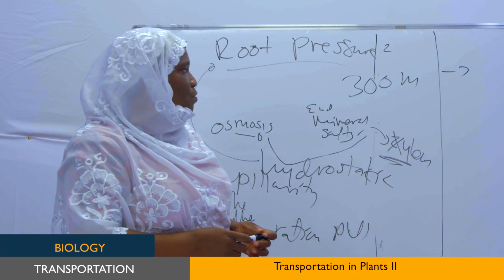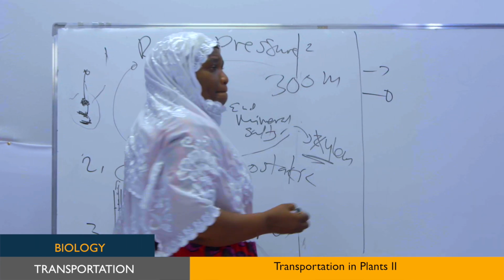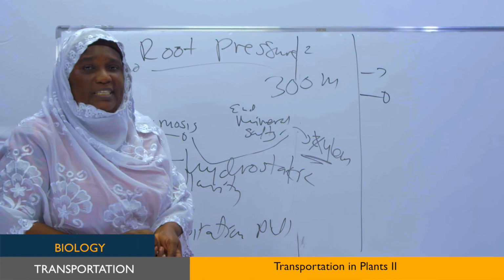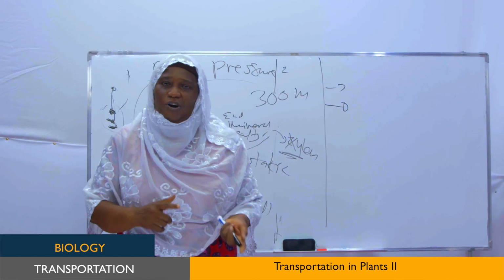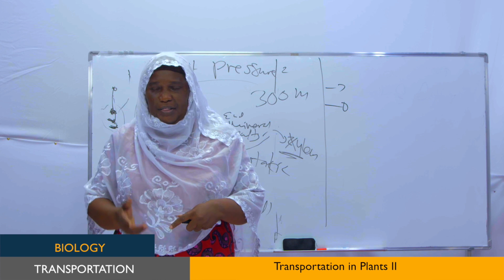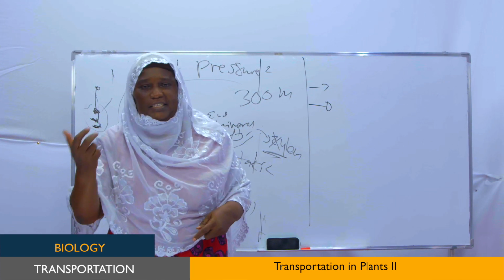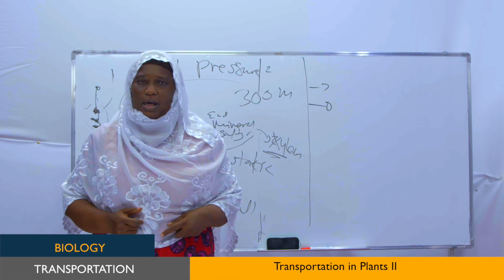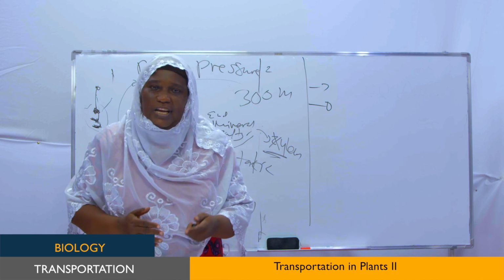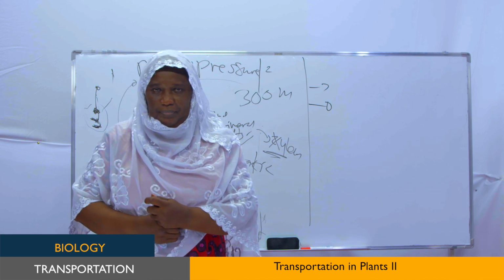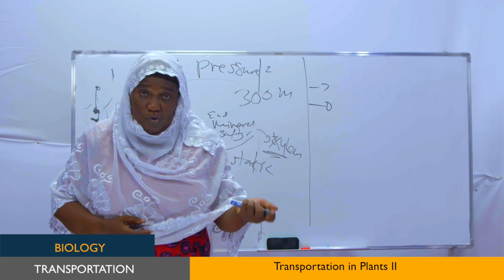Objective number 2 is that you are required to be able to describe the paths of movement of water across the roots. The paths which I'm talking about are apoplast, symplast, and vacuolar. Now I'm asking you a question. Are you able to describe those 3 paths? If yes, it is good.